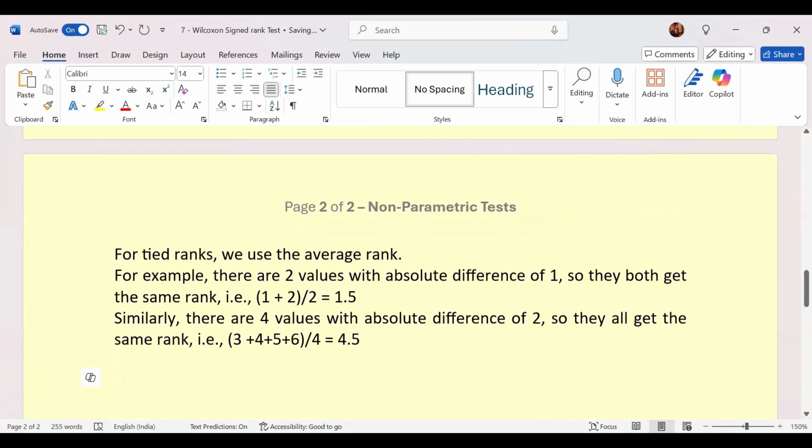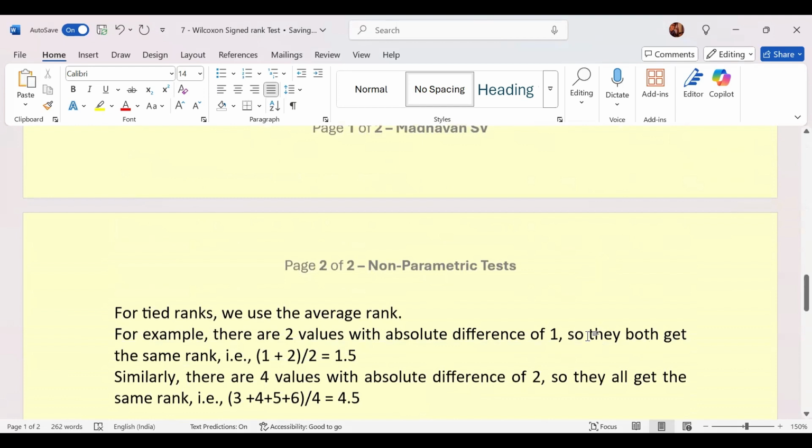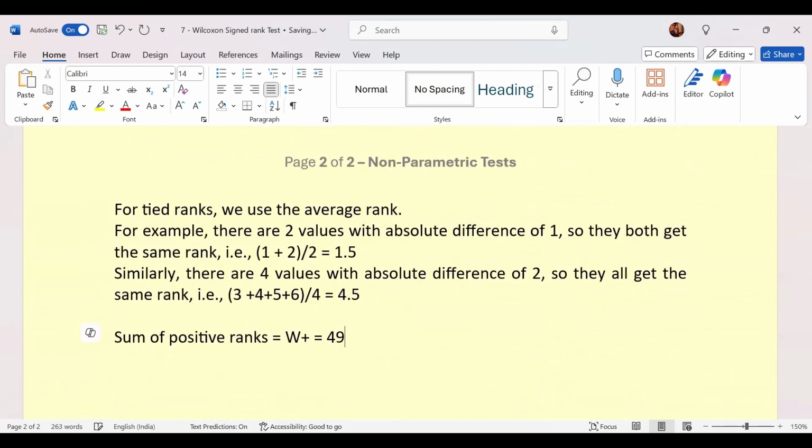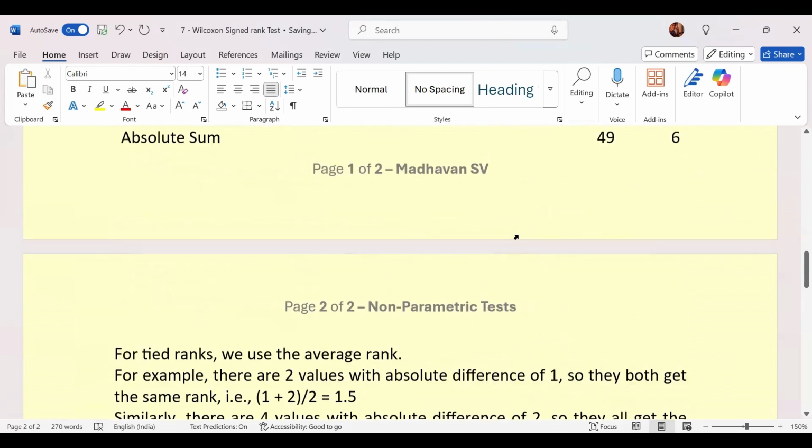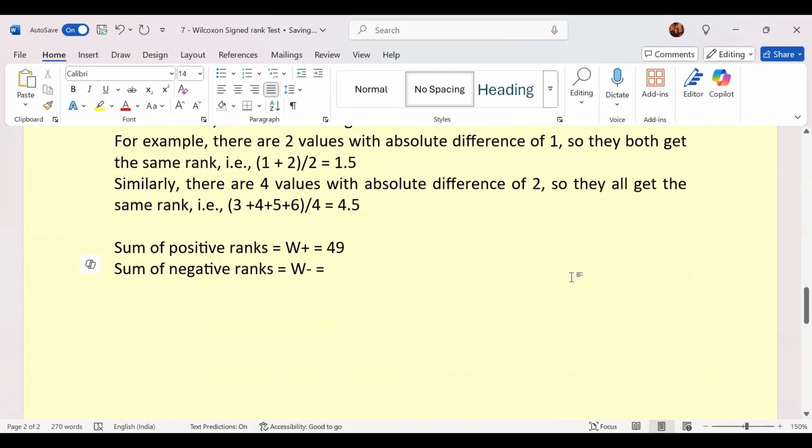Now, sum of positive ranks, which is called as W plus, that is already being calculated by us. It is 49, sum of positive ranks. Then sum of negative ranks, which is W minus, that we already calculated and got it as 6.